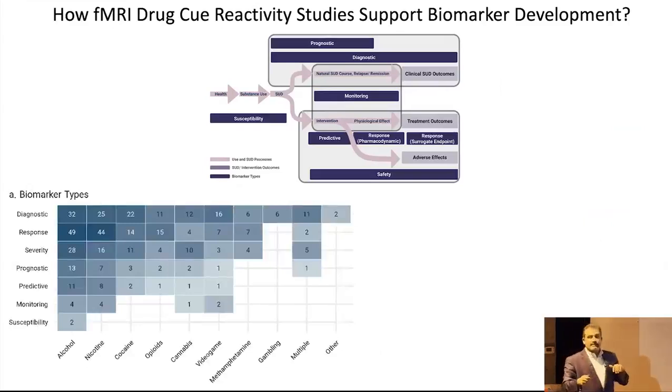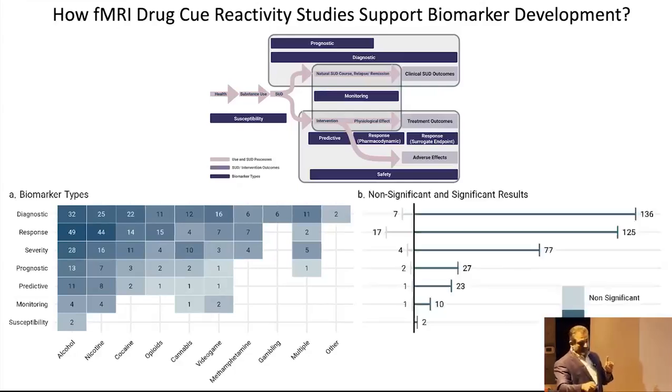And the answer is yes. Those studies provide evidence for diagnostic biomarker, response biomarker, severity biomarker, prognostic biomarker, predictive biomarker, monitoring and susceptibility biomarkers in different substances, with some significant results and some non-significant. We also reported the times that people tried to find a biomarker but failed, and reported that they failed.